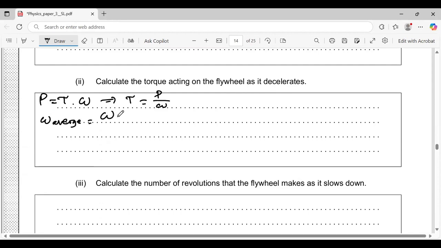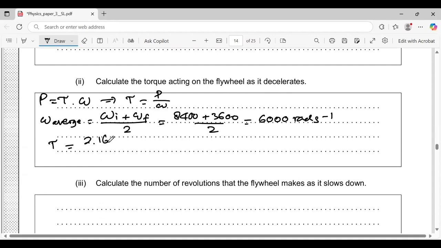The average angular speed is the initial plus the final angular speed over 2, equals 8,400 plus 3,600 over 2. This is 6,000 radians per second. So torque equals 2.16 times 10 to the power 5 over 6,000, equals 36. The unit is newton meters.